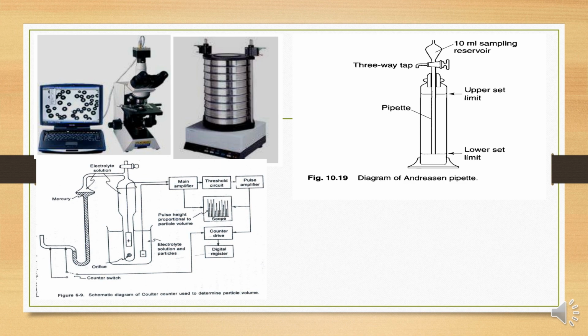But the disadvantages are that the lower limit of this method is 50 micrometer, and if you are using a sample that is not dry, there may be a chance of clogging. During agitation or shaking there may be chances of attrition, which may lead to errors in the estimation. So these are the disadvantages of the sieving method.